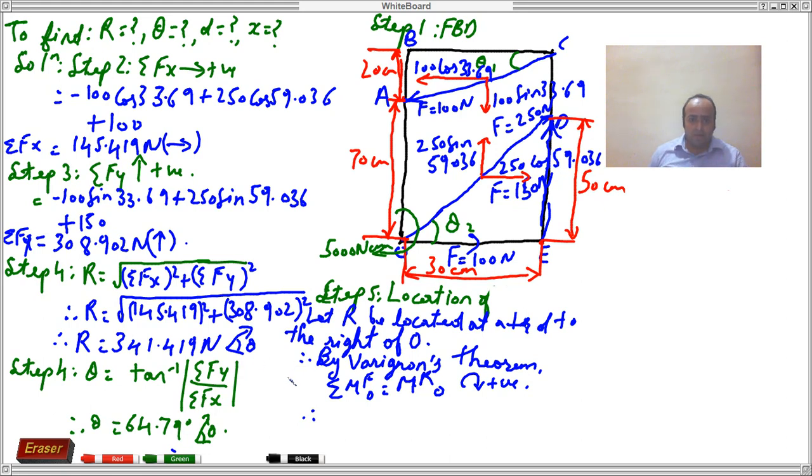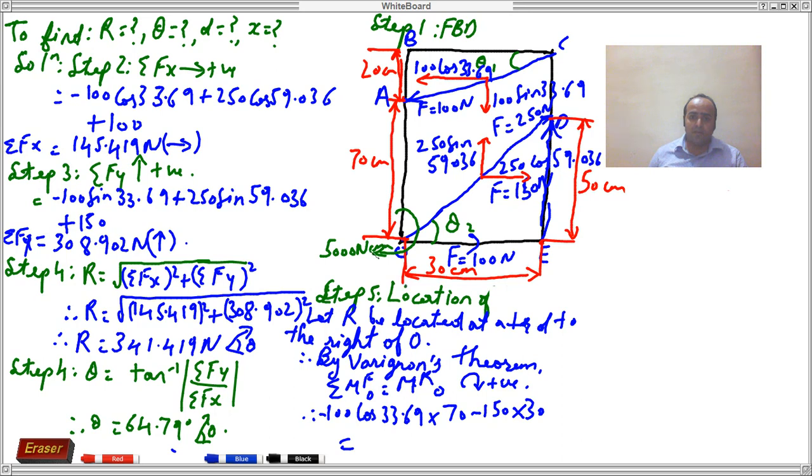So now minus 100 cos of 33.69 into 70. This is the distance. And we have considered it to the right, of course. Again, one more force is nothing but minus 150 into 30 is equal to, again, since we have considered it to the right hand side, so actually the resultant will be acting like this.